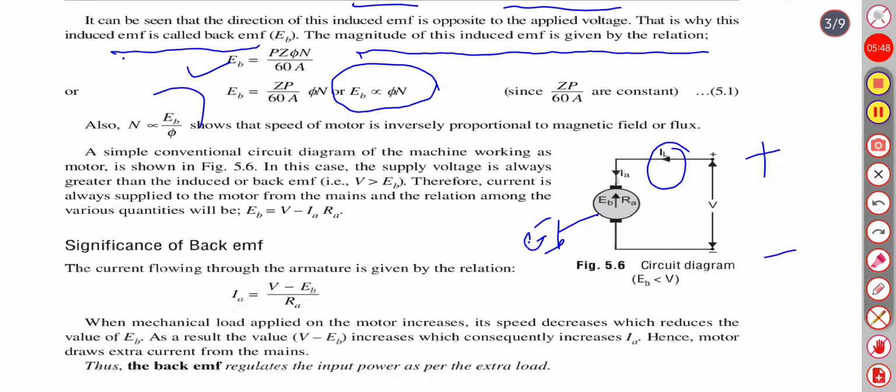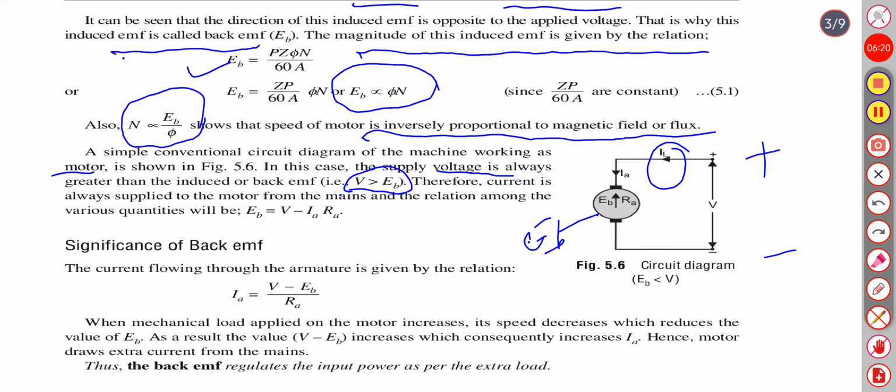Also, speed is proportional to back EMF divided by flux, which shows that the speed of the motor is inversely proportional to the magnetic flux. A simple conventional circuit diagram is shown here working as a motor. In this case, the supply voltage is always greater than the back EMF, V is greater than Eb.